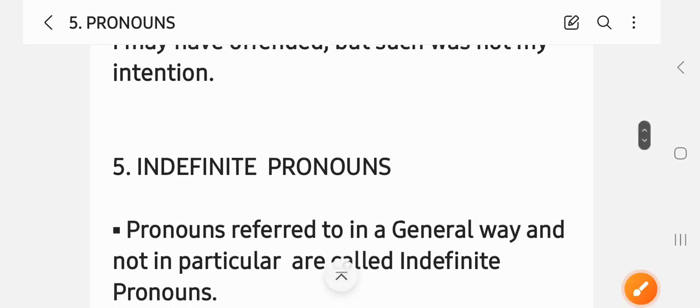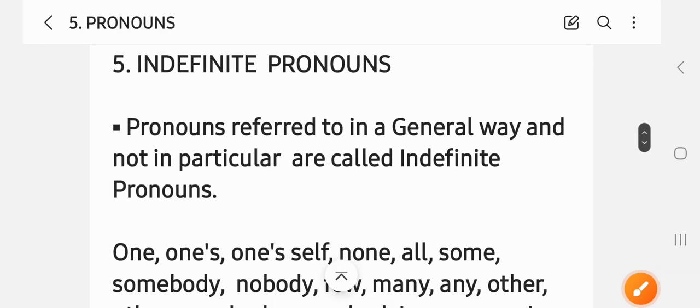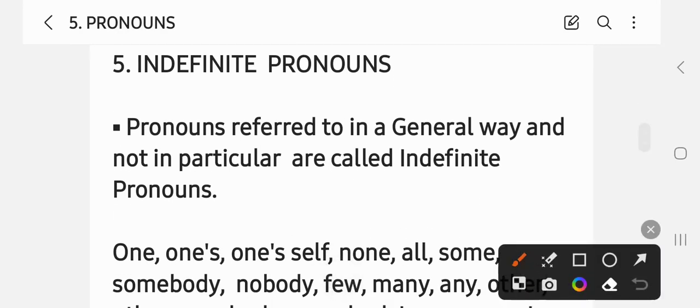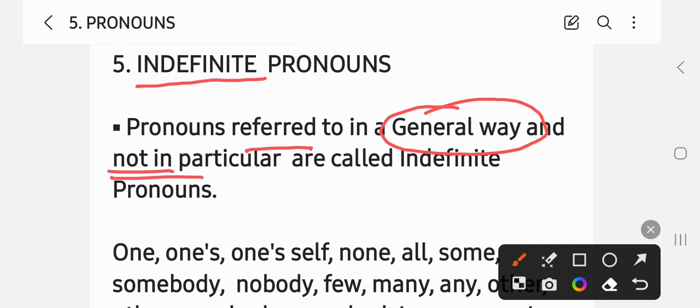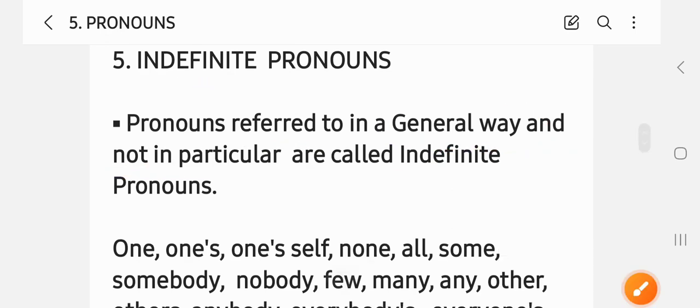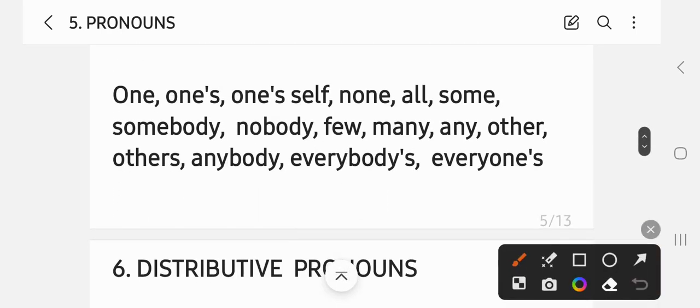The next kind of pronoun is indefinite pronoun. What are indefinite pronouns? Pronouns which are referred in a general way and not anything in particular are called indefinite pronouns. Anything in general. Let's have a look.